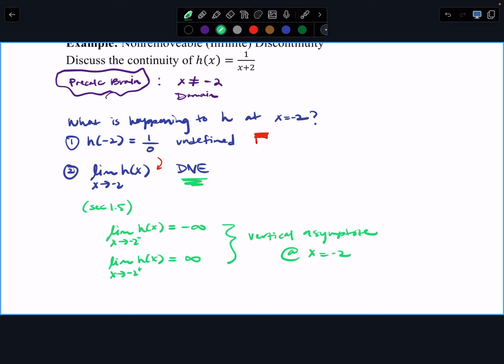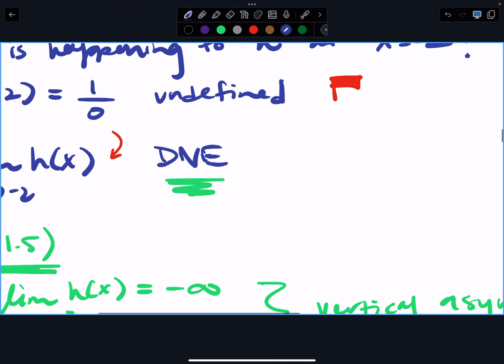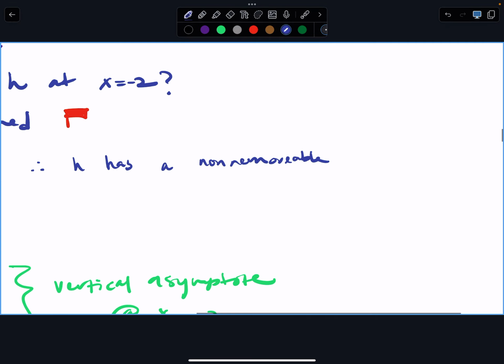And again, I'm putting this in green because this is really what we'll focus on in section 1.5. But for now, because this limit was DNE, we can say, therefore, h has a non-removable discontinuity at x equals -2.